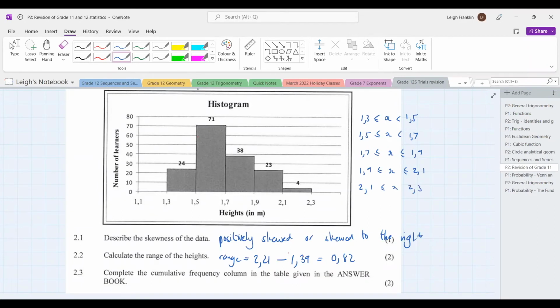Okay, so we know that there are 24 people that are between 1.3 and 1.5.